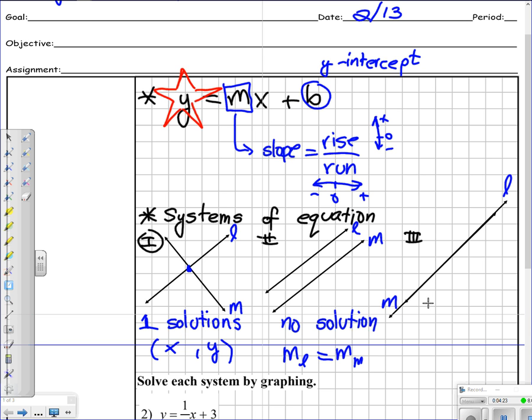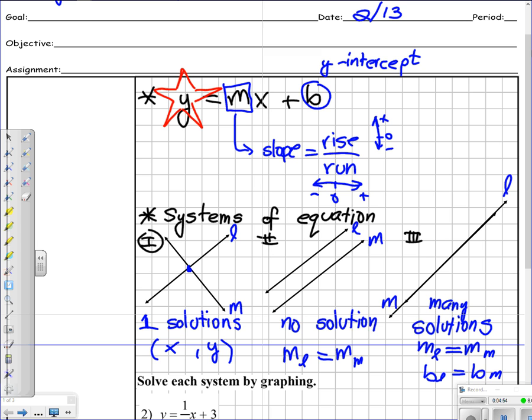So we say that there are many solutions. Now in this case, the slope of line L would also be equal to the slope of line M, and the y-intercept of line L would also be equal to the y-intercept of line M.